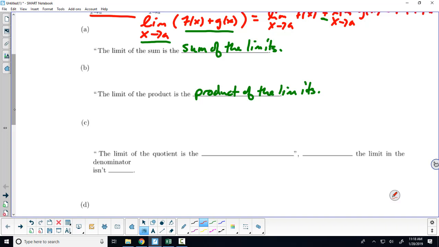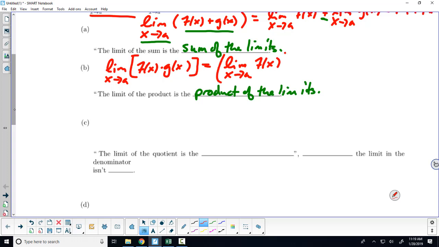We're saying that if we take the limit as x approaches a of f of x times g of x, we could take the limits of each one of those and multiply them together. And that would just give us the product of those two numbers.